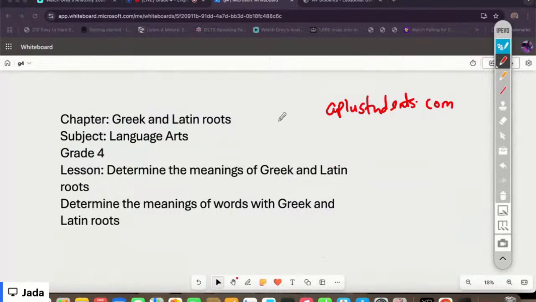Alright, click on your name, move on to language arts, grade 4. The lesson is determine the meanings of Greek and Latin roots. Determine the meanings of words with Greek and Latin roots. We did the first two already, so we'll finish the remaining two right now.